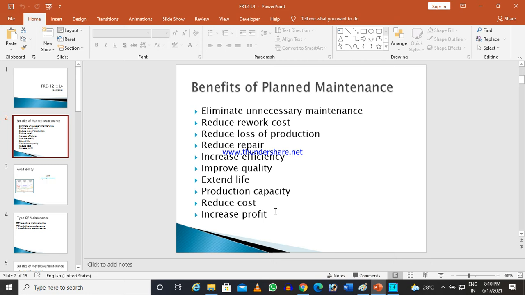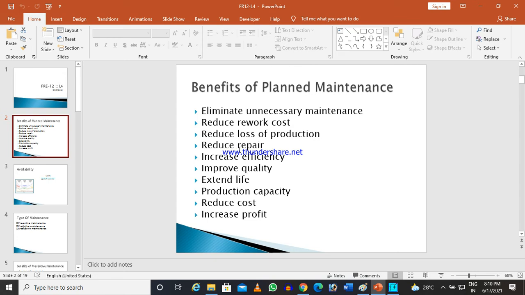If you are not doing the proper maintenance, and once the fault or the breakdown occurs, then only we become conscious, and it will incur some repair cost also. And this is time consuming.